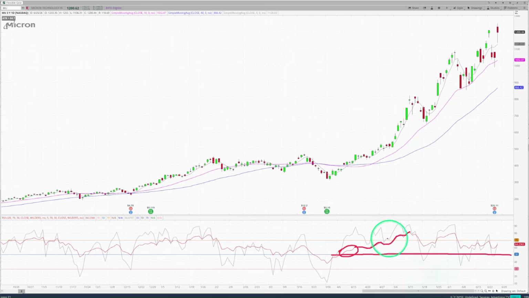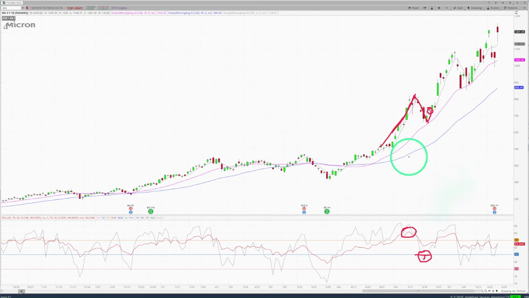And once we get above 70, we got to be very conscious of divergence taking place. So if you notice on this first move, we make a strong move to the upside and we have convergence. The RSI confirms the move to the upside before we pull back. We get the RSI 5 to close below the 50 level, and then we look for a pivot low to enter off the trade.